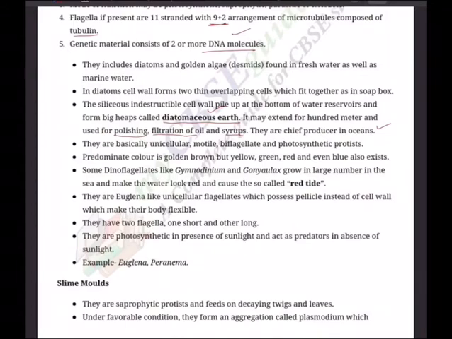Dinoflagellates are basically unicellular, motile, biflagellate and photosynthetic protists. The predominant color is golden brown, but yellow, green, red and even blue also exist. Some dinoflagellates like Gymnodinium and Gonyaulax grow in large numbers in the sea and make the water look red and cause the so-called red tide or red sea.